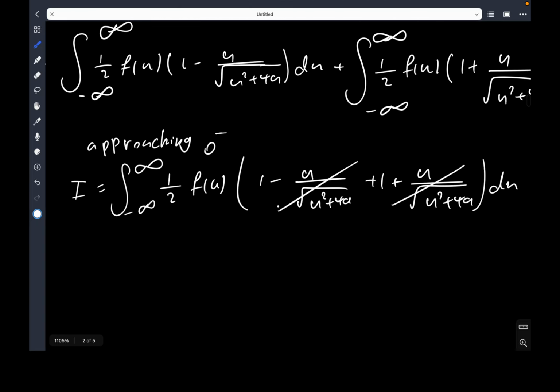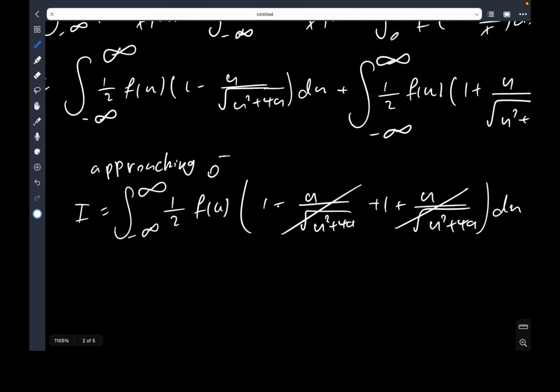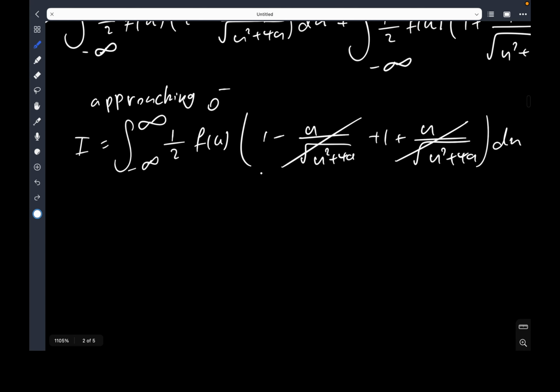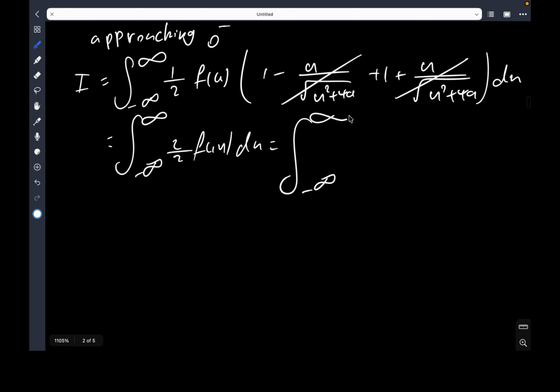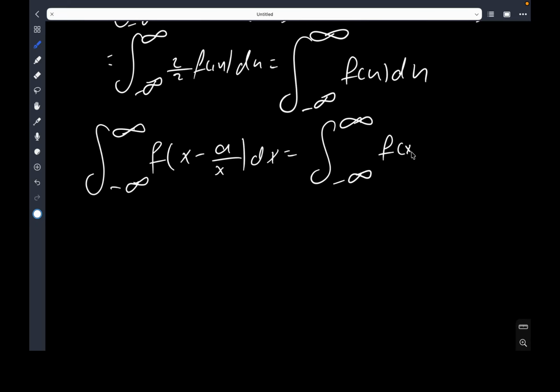These two are going to make 2. So I'm going to have negative infinity to infinity of 2 over 2 f of u du, which is the integral from negative infinity to infinity of f of u du. Thus, the integral from negative infinity to infinity of f of x minus a over x dx equals the integral from negative infinity to infinity of f of x dx.